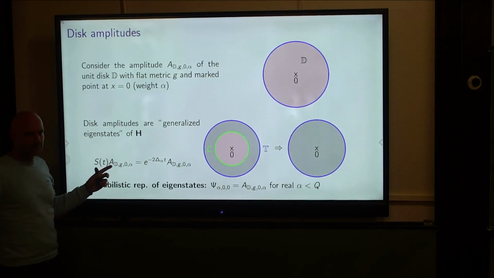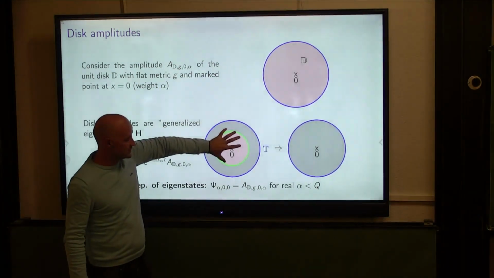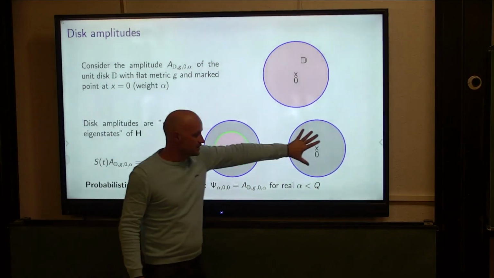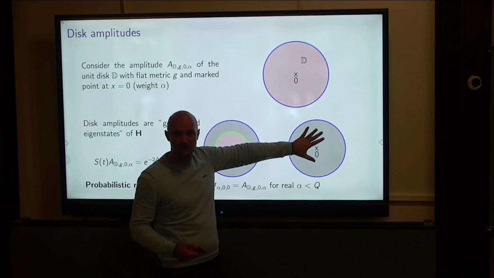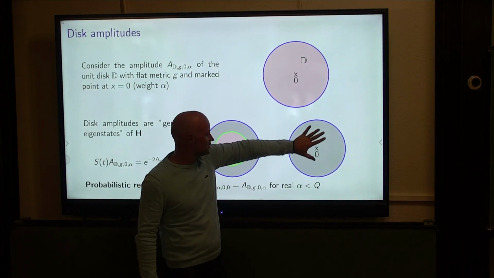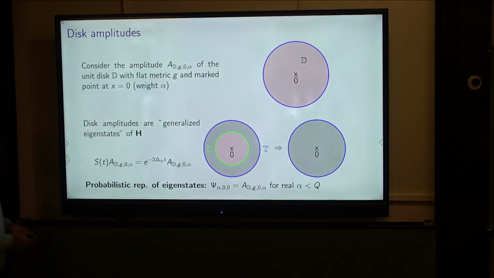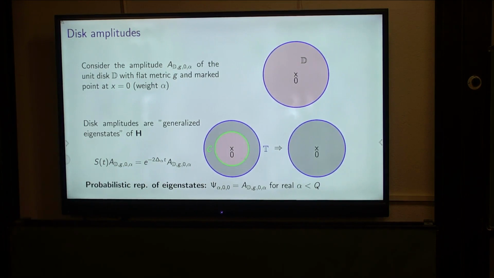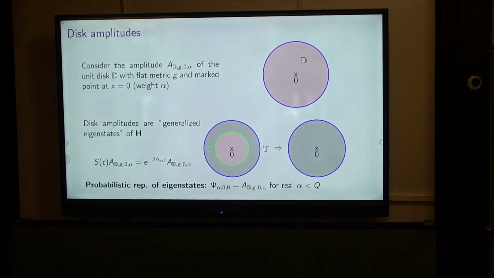Because you apply the propagator to this state, Segal tells you that you still get a disk, up to the scale that can be dealt with by the geometric rules I mentioned for the amplitude. The scale is this factor here. So it tells you that you've got an eigenstate for H with a disk. Okay? So at least it gives you some eigenstates, but it's not enough.